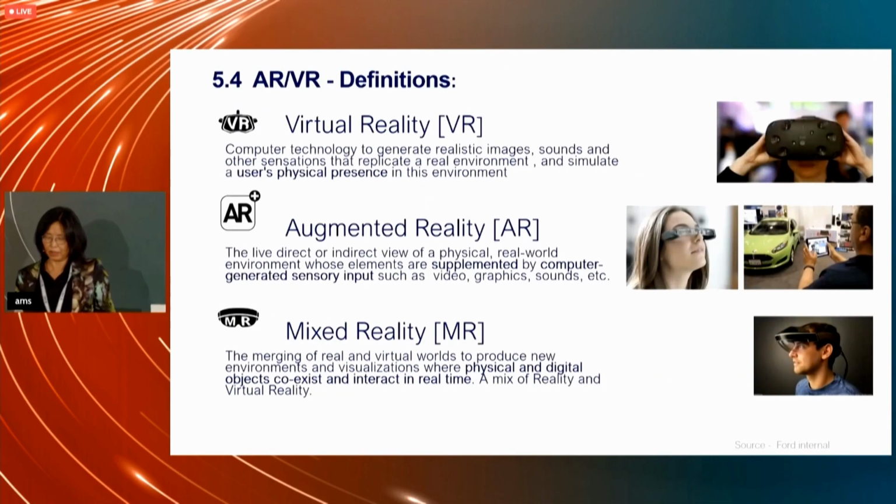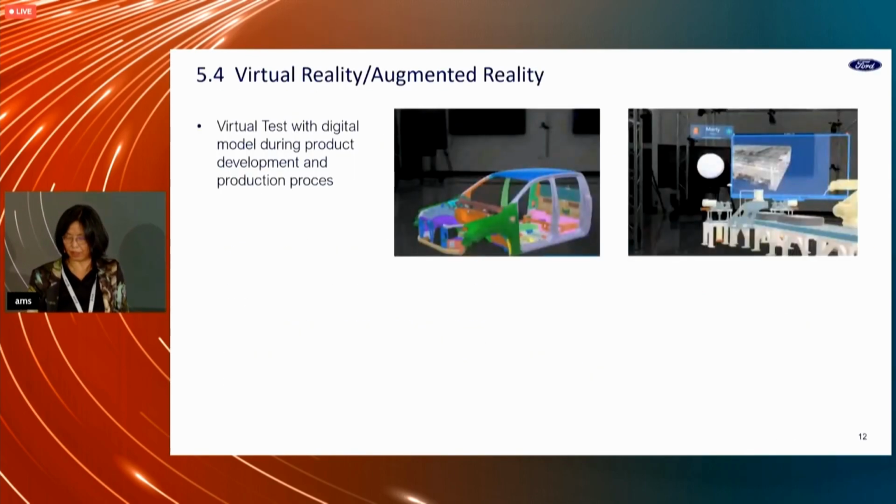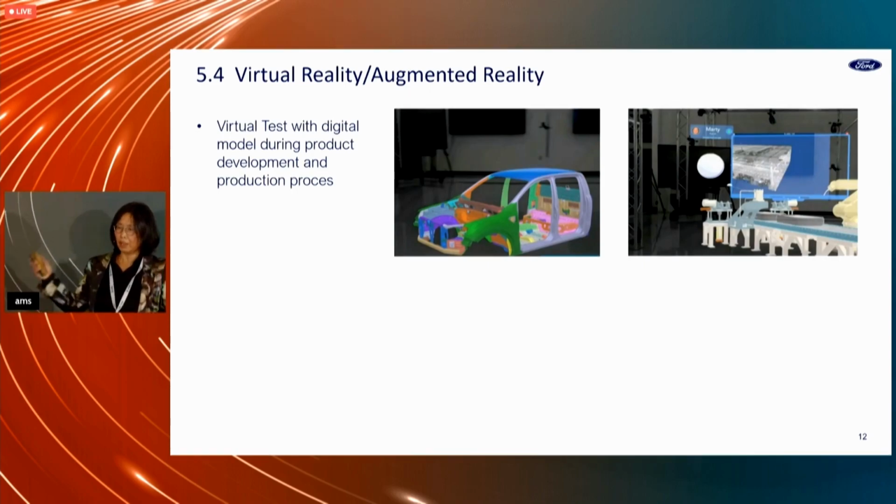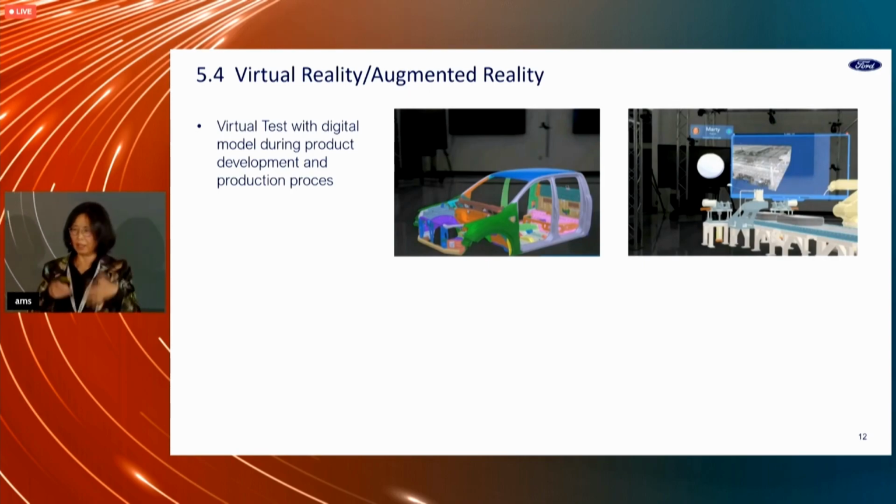And I think I don't need to go through all the definitions of VR, AR, and mixed reality. What we are using virtual and augmented reality for: first, as I showed, in product design, but we are also using it in the manufacturing process. So in the US, Asia or Europe, manufacturing teams go through it together, and you can put in comments, so it's a very useful tool.